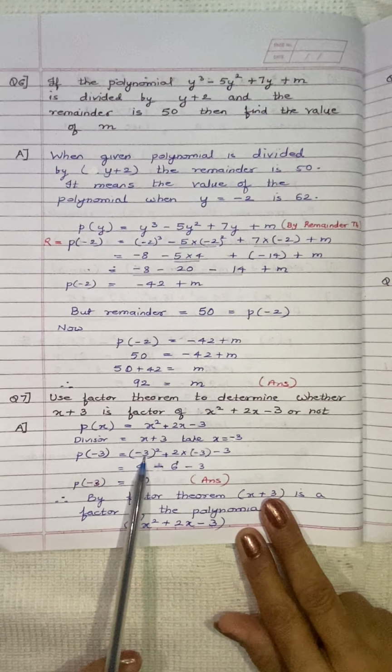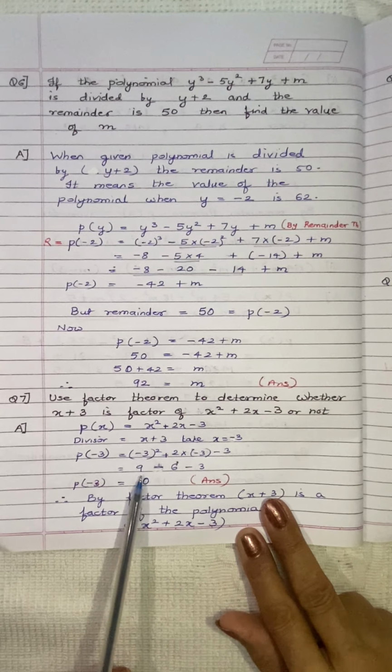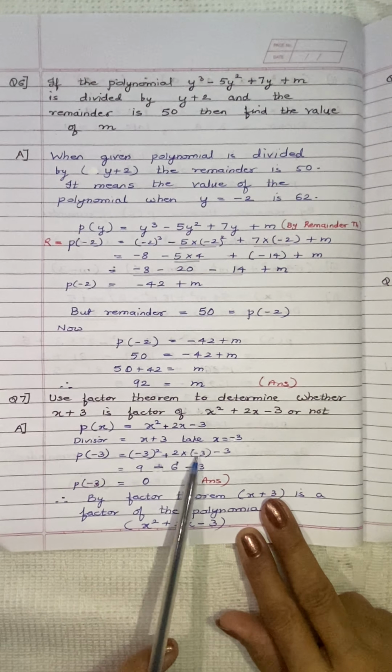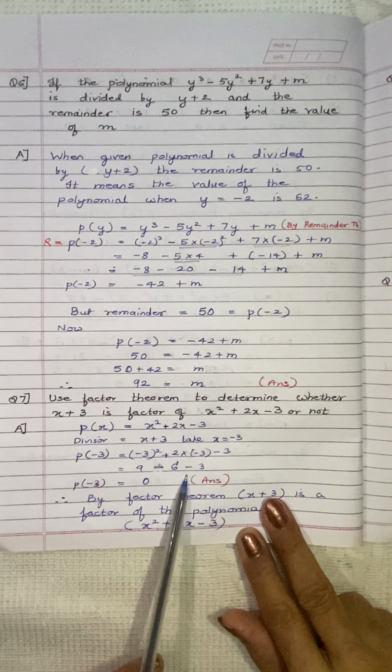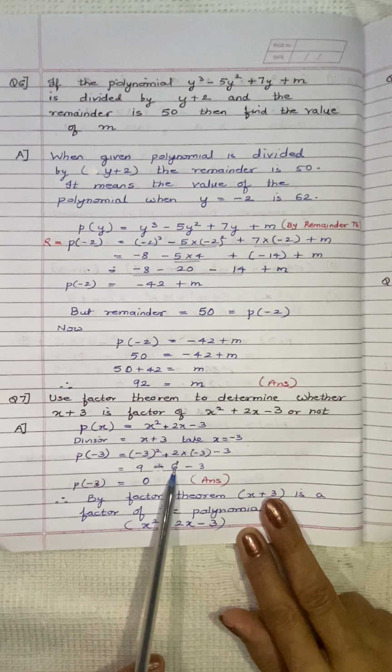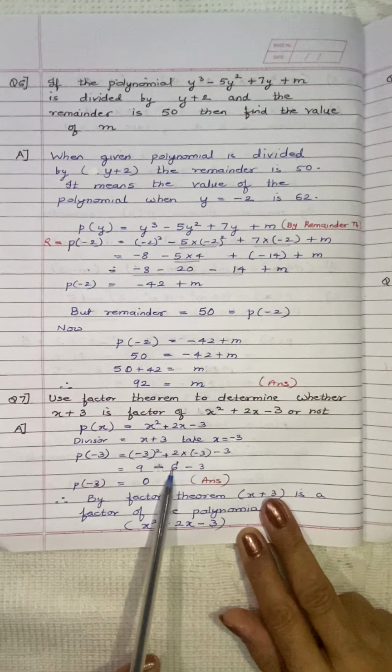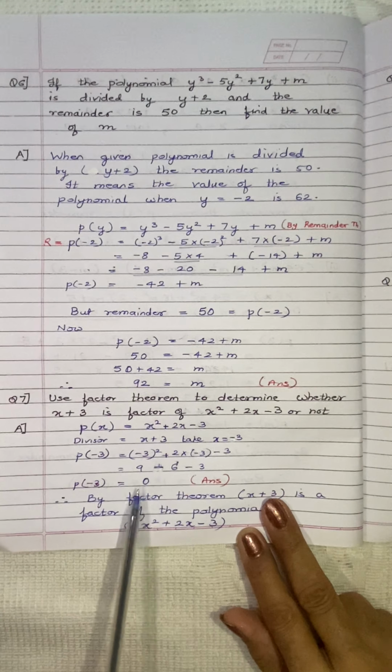We will solve this. 3 threes are 9, negative into negative is positive 9. 2 into 3 is 6, with one positive and one negative, the product is negative. So negative 6 and negative 3 gives us negative 9. 9 minus 9 is 0.